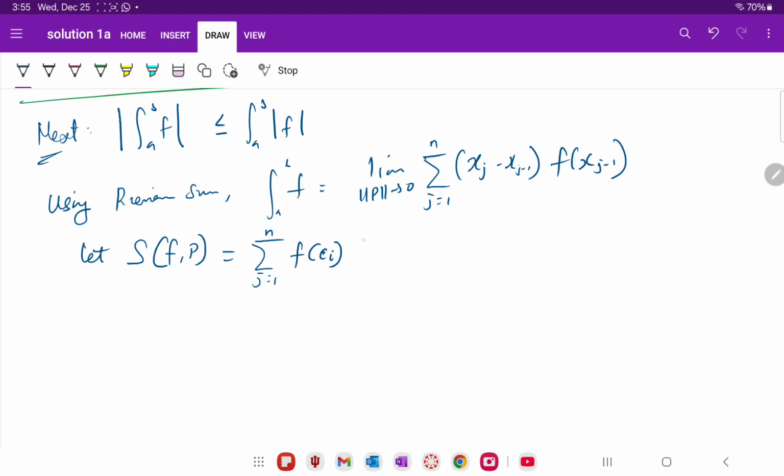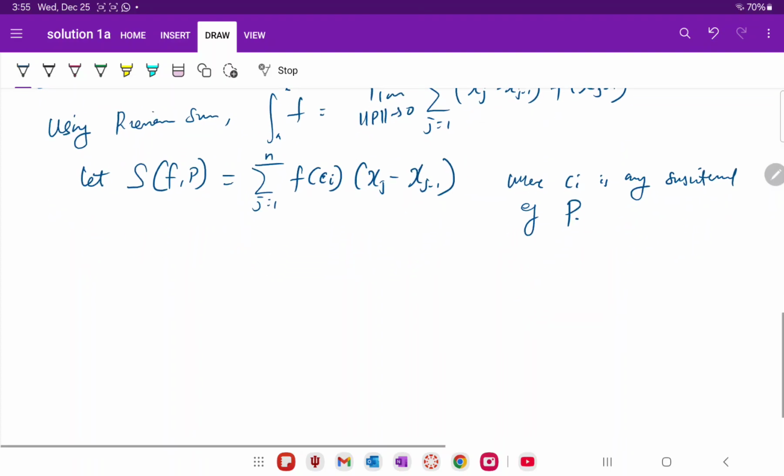Let's leave it as xj minus xj minus 1. It should be sj minus sj minus 1, where ci is any point in the sub-interval of partition P.